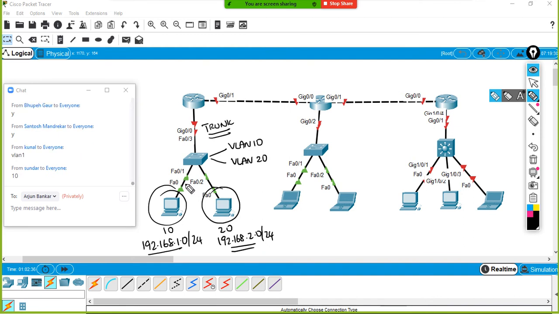Kunal is saying VLAN number 1. Why, Kunal? Because VLAN number 1 we are not using. We are using either VLAN number 10 or VLAN number 20. Right or wrong, Kunal? For example, the people who are sitting in VLAN number 20, can they access VLAN number 1?